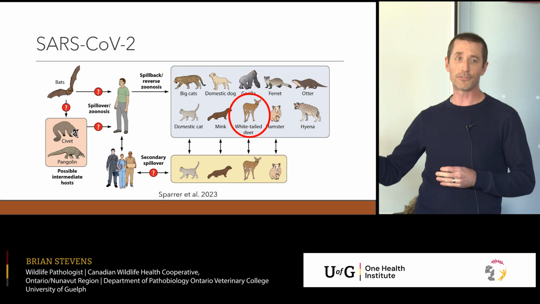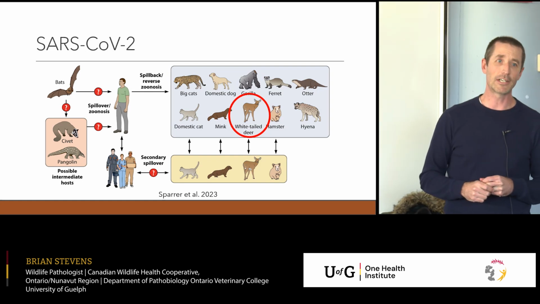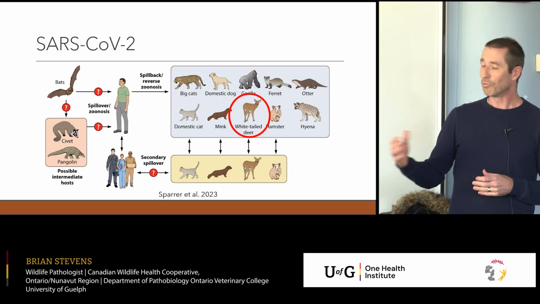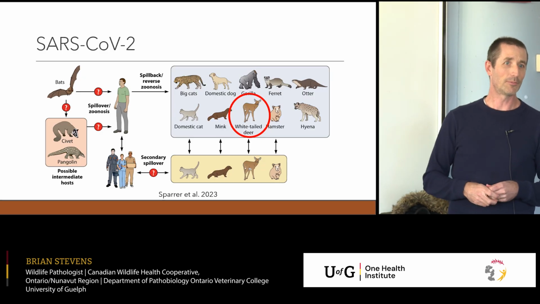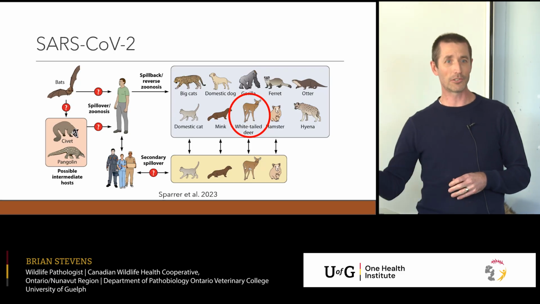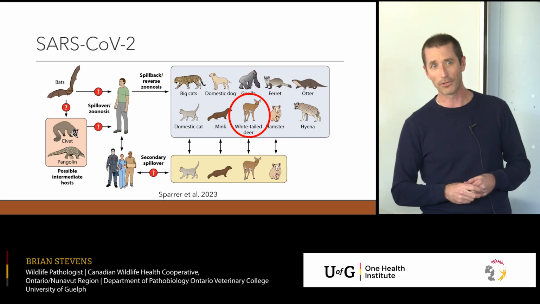So when this virus first hit, obviously there was a human health concern, but people on the wildlife side also had a concern because this did pass from bats to people. Was there going to be an issue for our North American bat species because they have been impacted severely by white nose syndrome? Could this virus jump back into our North American bats and cause more issues for them?